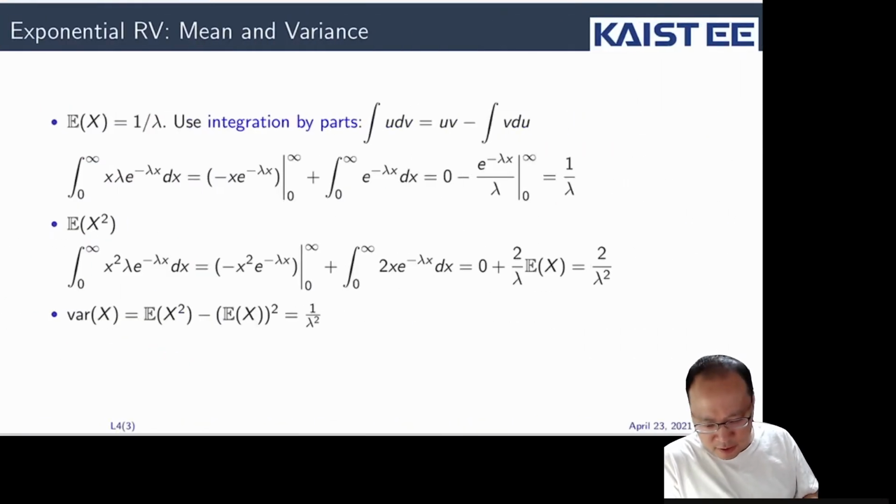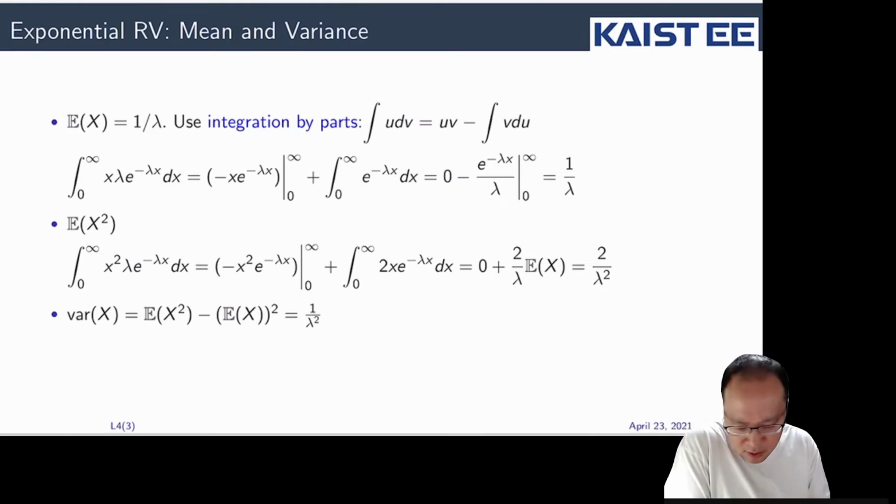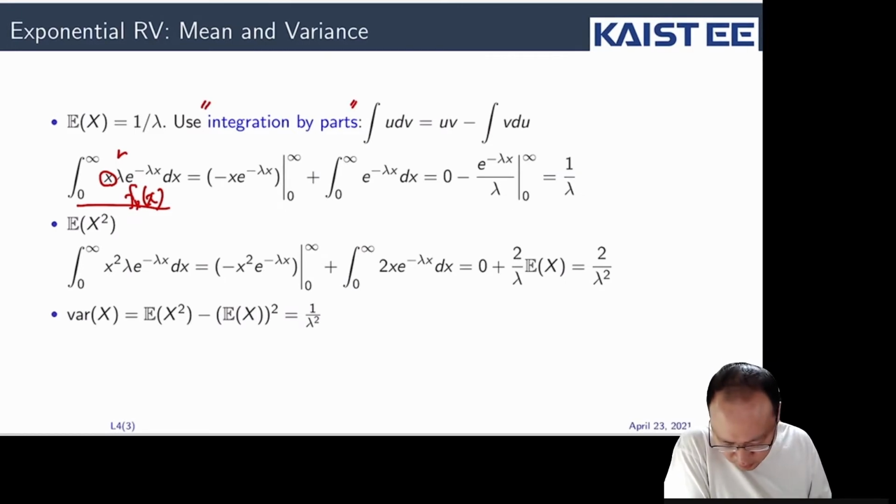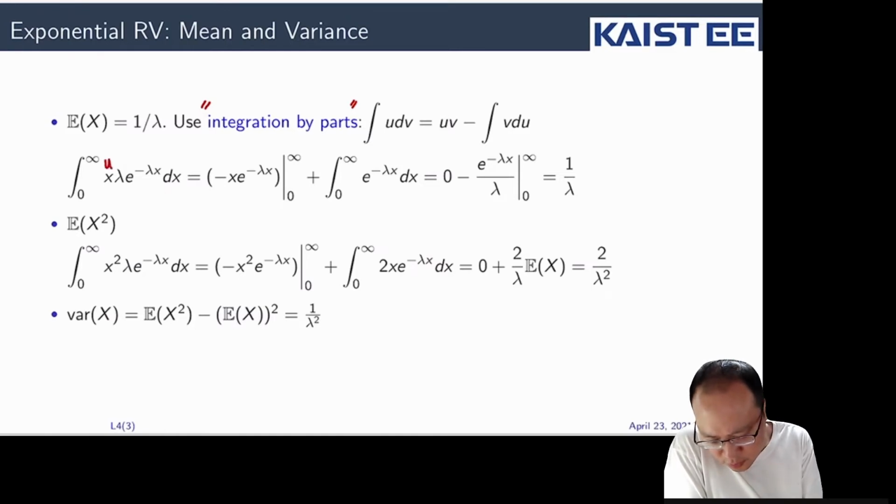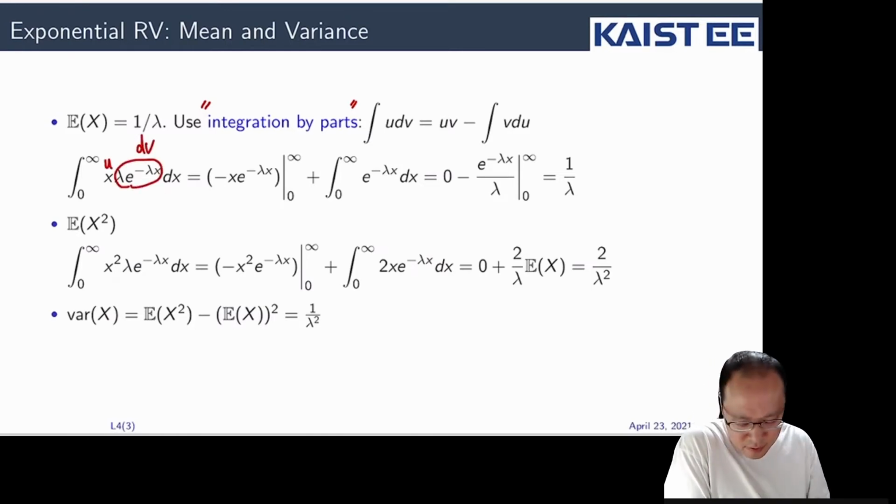So let's do that. The expectation is x multiplied by the PDF, which is lambda e to the minus lambda x. In order to do the integration, we're going to use the technique of integration by parts. So this is u and this is dv.